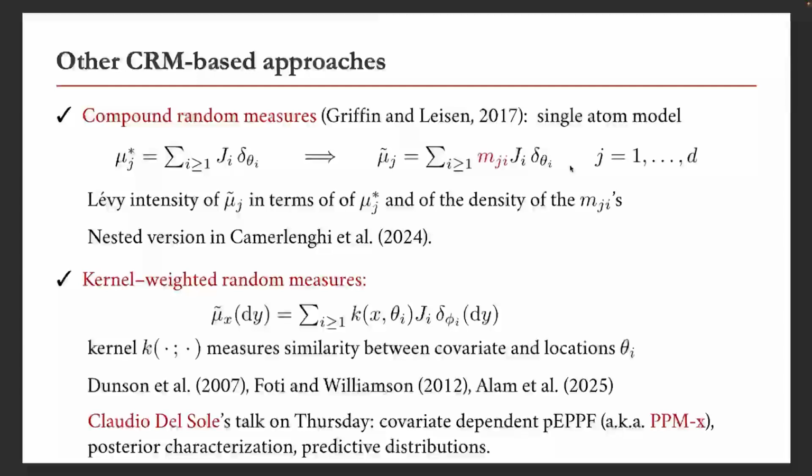And also, another point touched upon by Jim is these weighted random measures that have been present in several papers by Dunson, Williamson, and recent work on DP-GLM that can be found on arXiv by Alam and co-authors. And Claudio, in his talk on Thursday, will give a presentation on this, in particular, will describe some results on the partition probability function, posterior characterization, and predictive distributions.